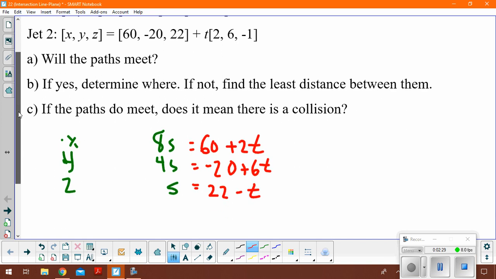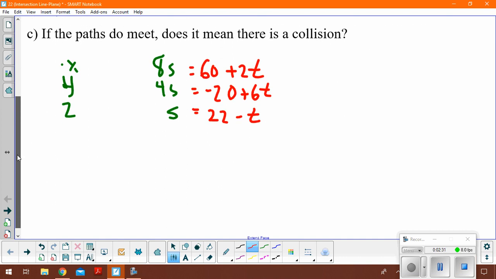So I'm going to pick a pair of these equations and try to solve for t. Now, the last equation is very nicely set up to use in substitution, so I'm going to put this into equation 1 and see what happens when I try to solve it.